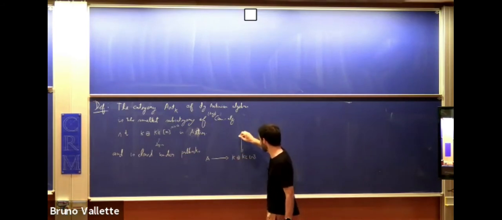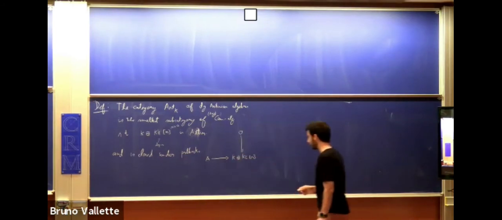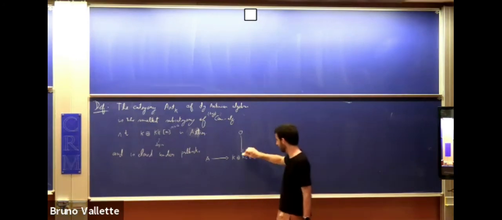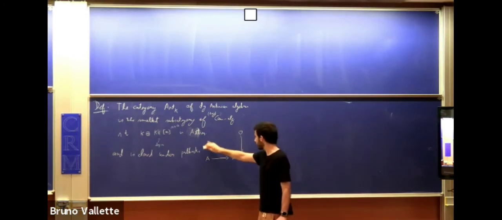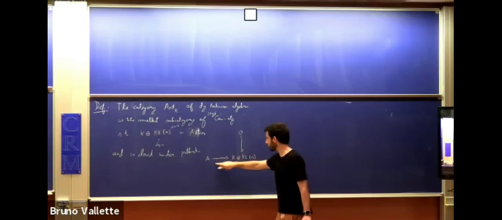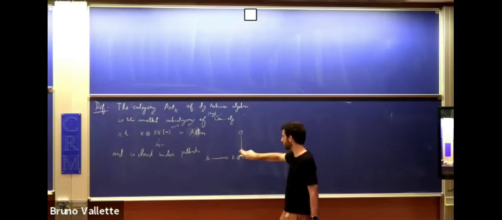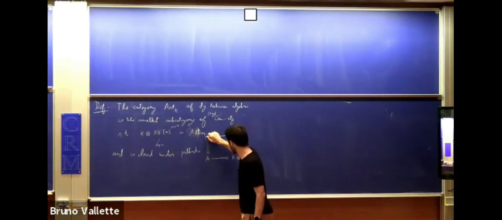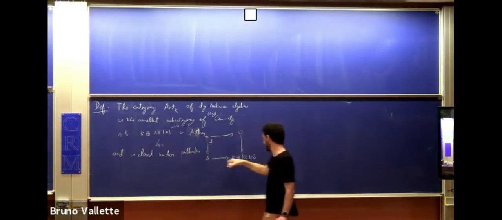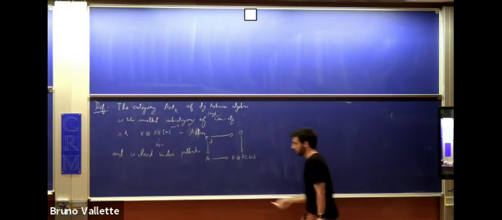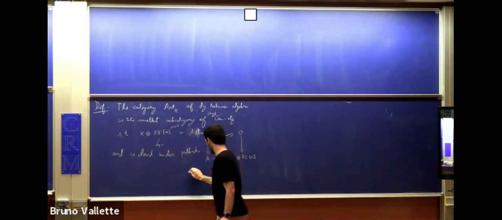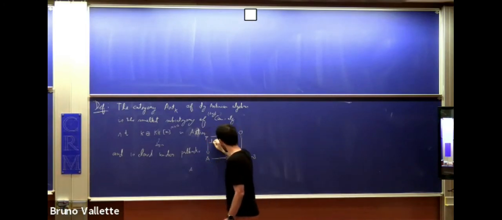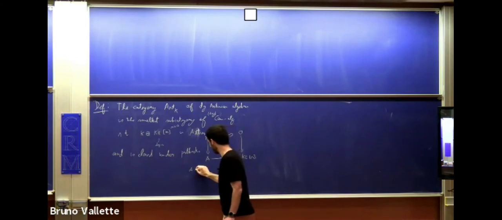If you take, it's fine. You should ask as many questions as you want. So if you take a homotopy pullback over such an algebra, if A is Artin, then this should be a homotopy pullback.